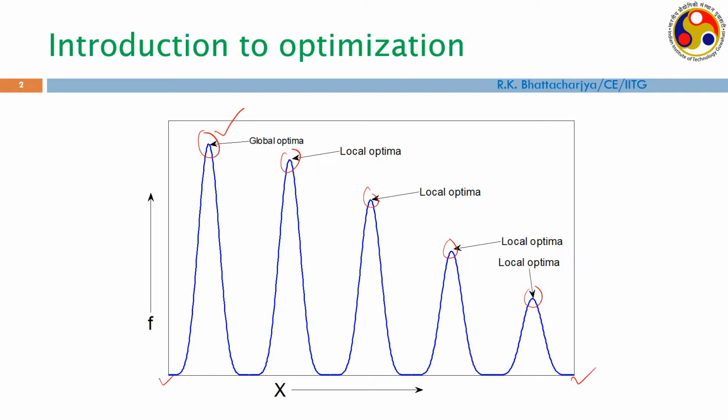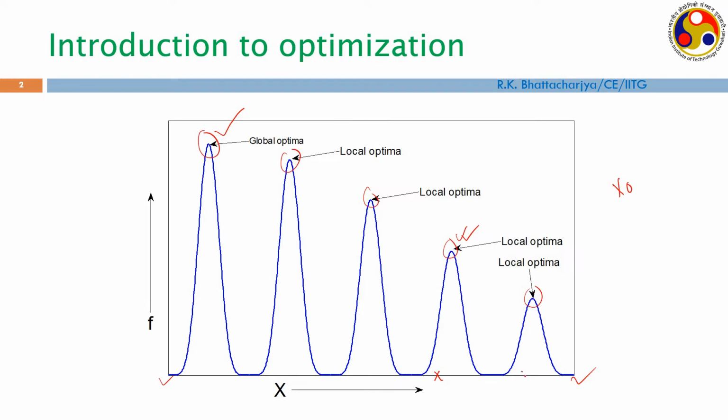Now suppose you want to apply a classical method for solving this problem. In the classical method, we start our algorithm with a starting point. We call it the initial point x naught. If I take x naught somewhere here, I will probably get this optimal solution.